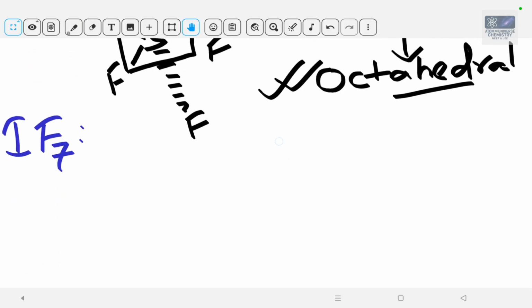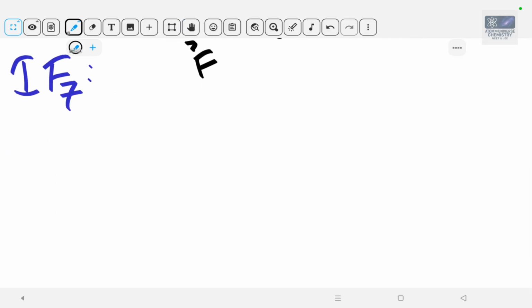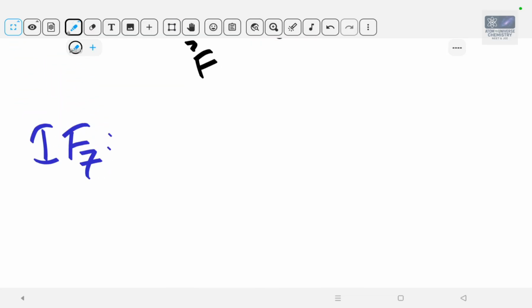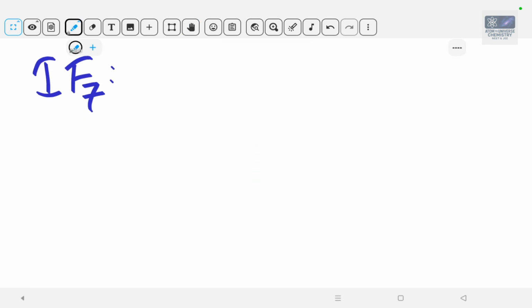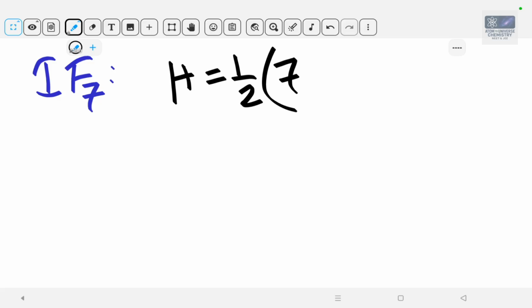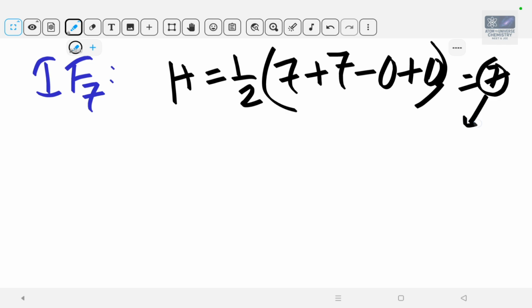And last, IF7, just put the formula H equal to half the number of valence electrons in case of iodine is 7, and the total number of monovalent atoms, that is fluorine in that given example, is equal to 7, no plus charge, no minus charge, giving you 7, that is sp3d3.